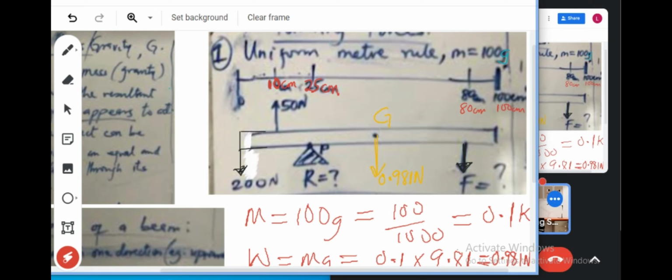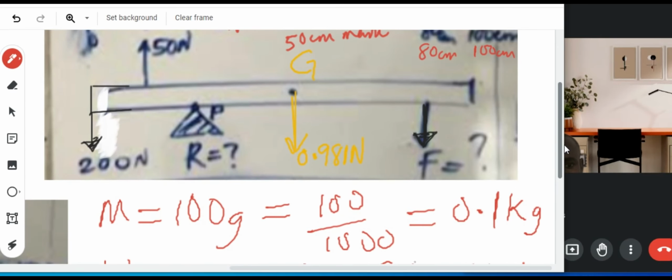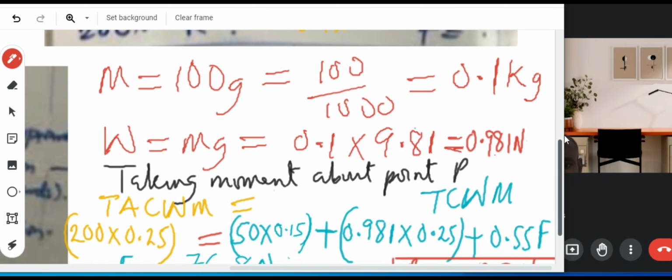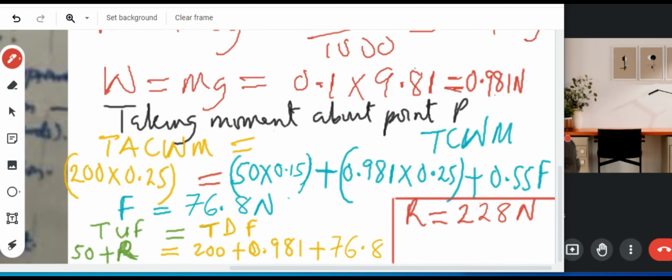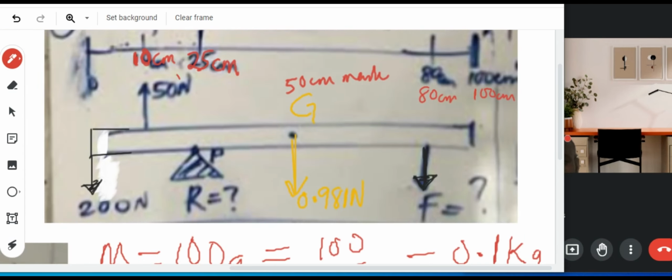50 times what? We also need to consider the moment of the 50 Newton force. The force is 50 Newton. The distance from the pivot is from here to here.